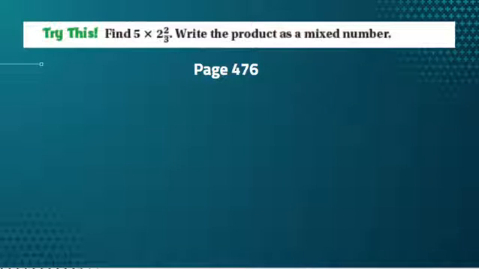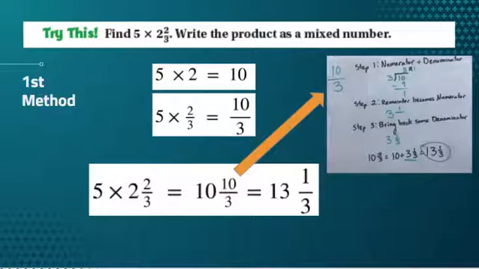Alrighty, so using the first method, here's what I did. I broke apart my 2 2/3 and multiplied 5 to both of those parts, so 5 times 2 equals 10, 5 times 2/3 equals 10/3. Oh, but I can't just leave my answer like that.